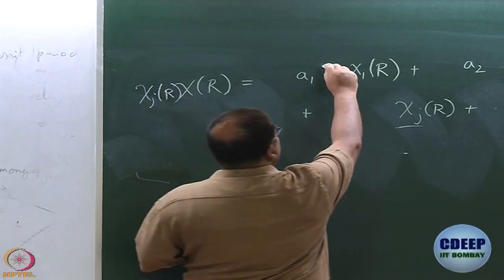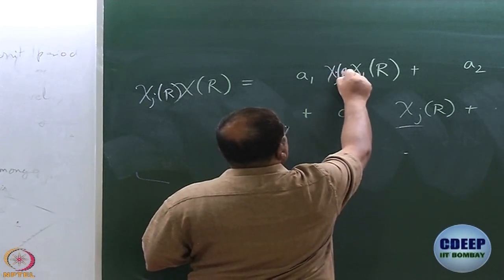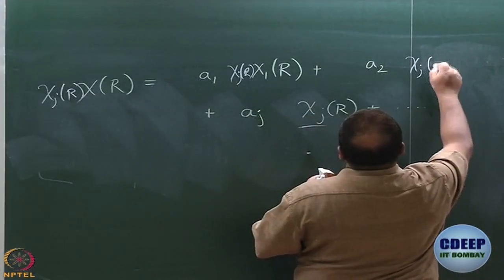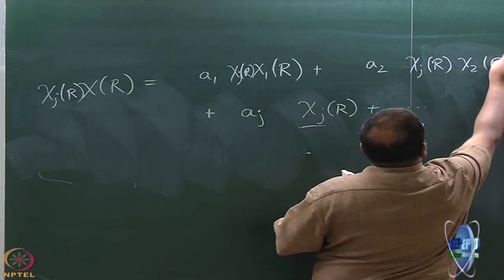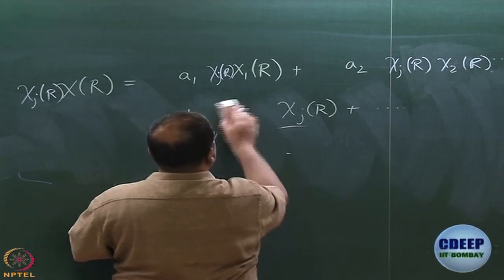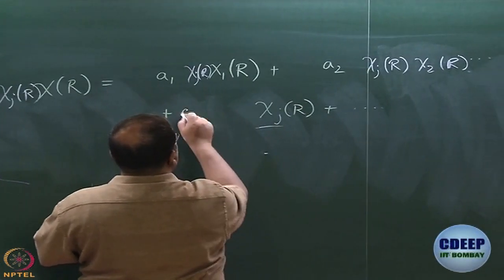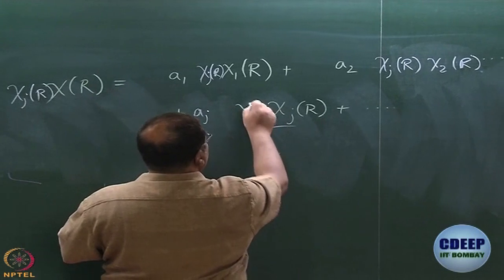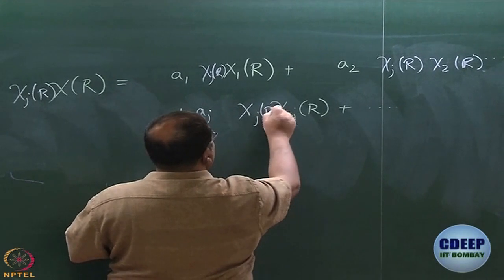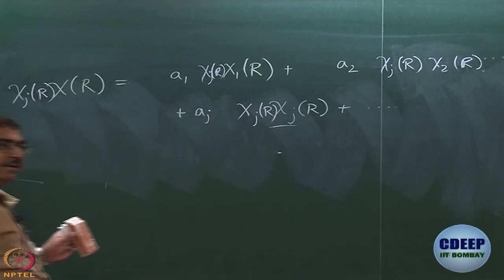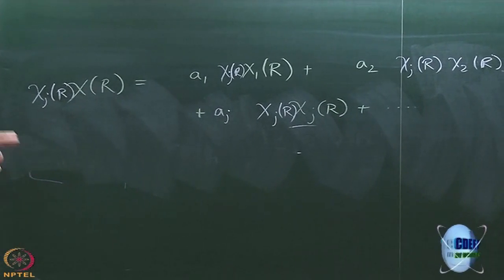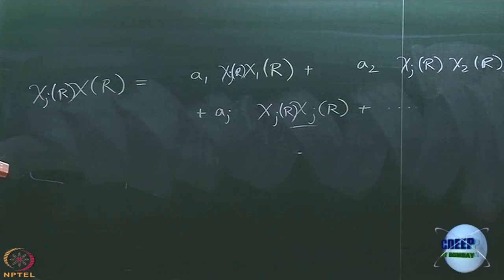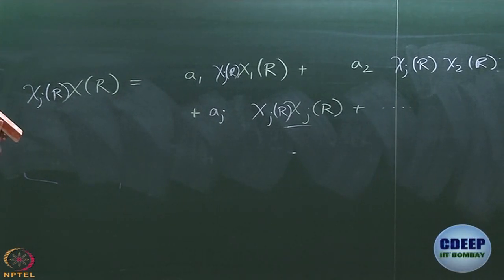So, write that. I have just left multiplied, done nothing else. Now I will complete the trick. What should I do? Sum over all R, right?